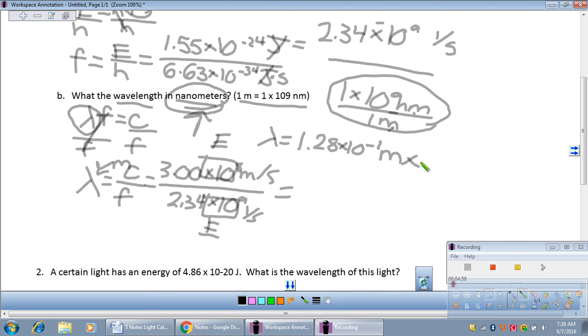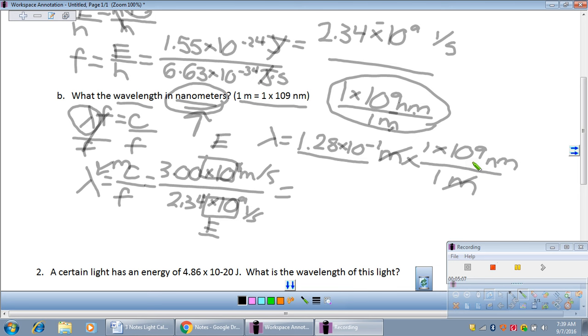I multiply the number that I got by this fraction, notice the meters unit cancels out. So I take the number that I start with, I multiply it by whatever's on top of the fraction, and divide it by whatever's on the bottom. So it's 1.28 times 10 to the negative first times 1 times 10 to the 9th power.